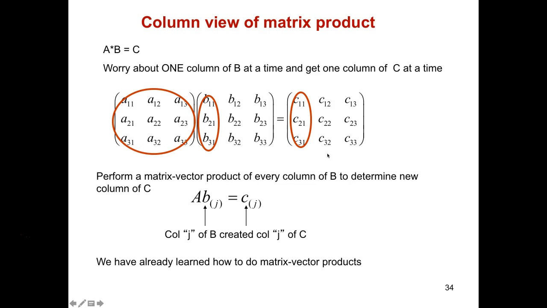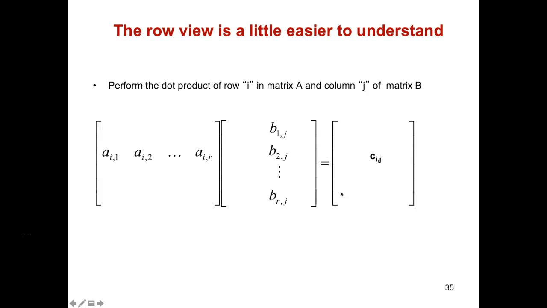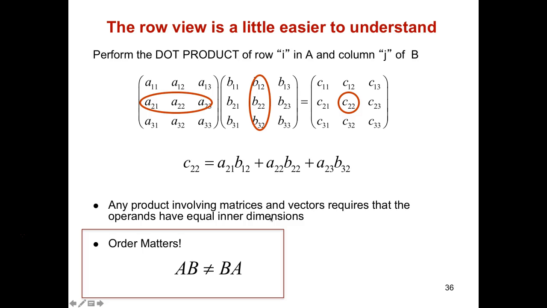I can also simply realize that every location in this new resulting matrix, let's say I have the element Cij, will be a dot product of the ith row in the first matrix A and the jth column in the second matrix B. So that's another way to look at it.